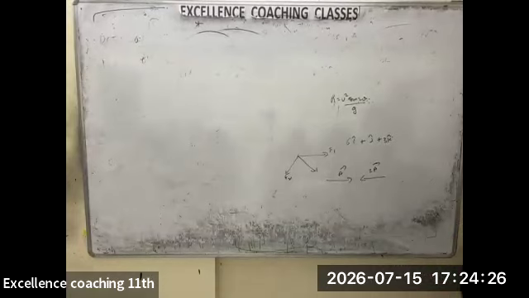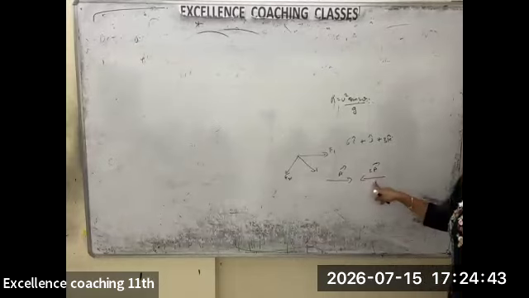What should happen? 2 vectors going in same direction, 2 vectors going in opposite direction. If 2 vectors are going in same direction, what do you do? Add up. If they are going in opposite direction, what do you do? Subtract. Direction खंयच्यान वयतलो? Now here what you will do? Subtract.